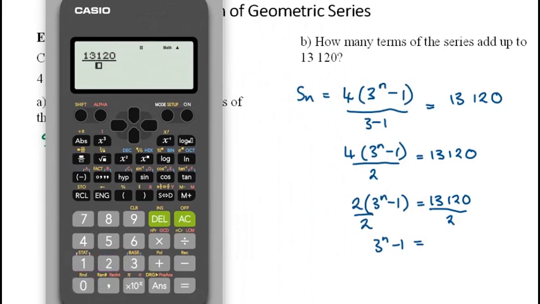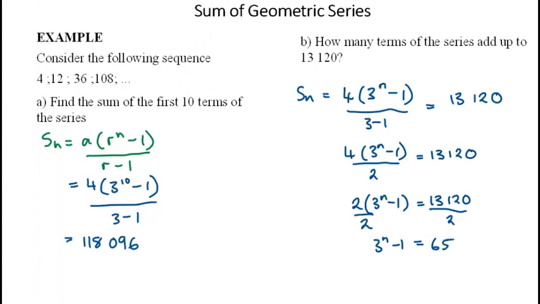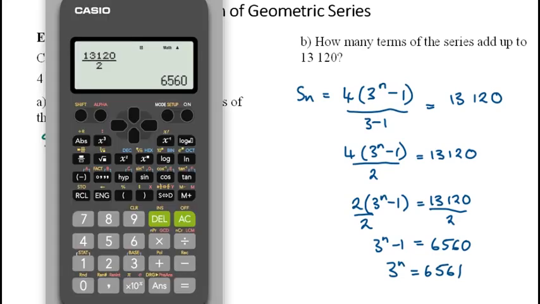13,120 divided by 2. I'm going to use a calculator because in the exam you can use a calculator anyway. So that's 6,560. Take this negative 1 over. So that means 3 to the power of n is 6,561. Okay, we have to make this into exponential form. So 6561.